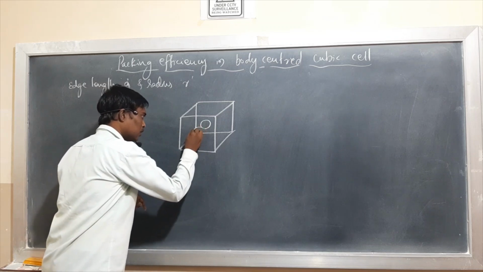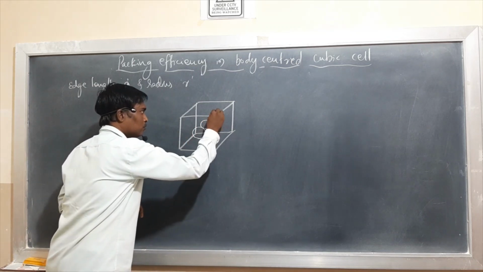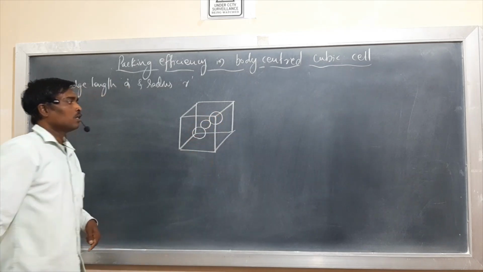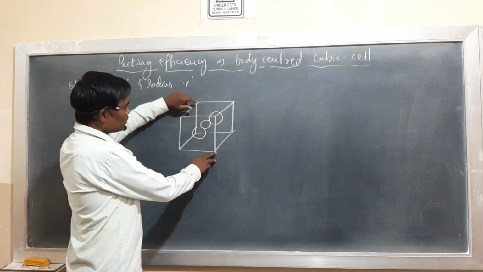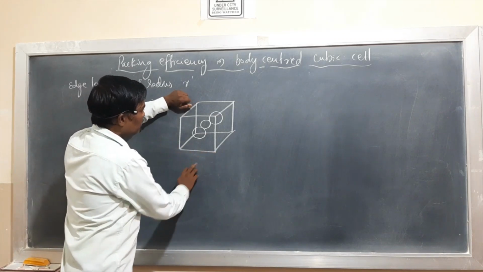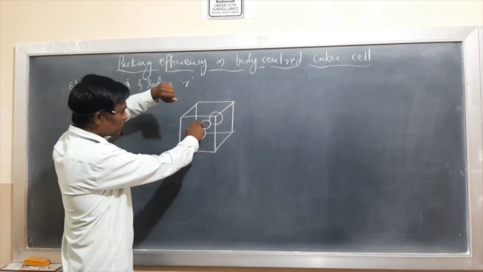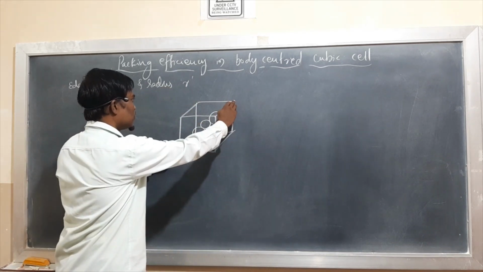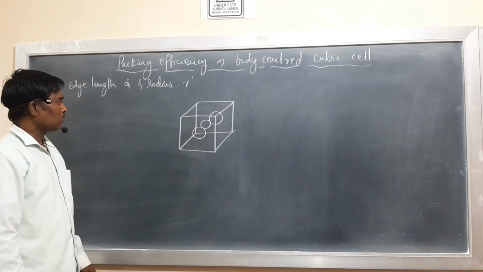These diagonally opposite corner particles are in touch with the body centered particle. So these two particles are in touch with the body centered particle, and also the diagonally opposite two particles are in touch with that centered particle.